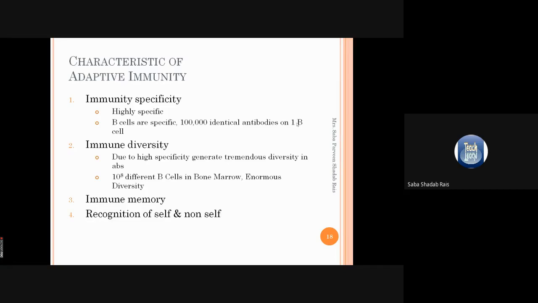It means they have exposure to all the bodily cells during their development. The primary immune organ checks whether the adaptive immune system cells, that is the lymphocytes, that are formed are capable of recognizing self and non-self or not.